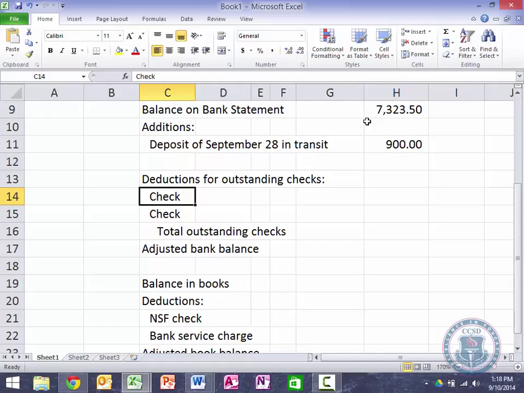And then did we have any deductions from the bank statement, things that weren't on here that we had written? Yes. How many? 2, because we wrote them down. So we had 3 at the bottom: 1 deposit and 2 checks. Check number 108 of September 15th, and check number 112 of September 27th.